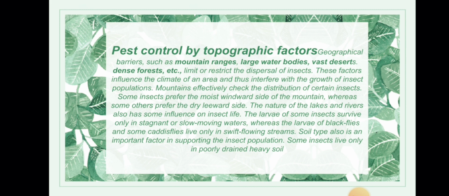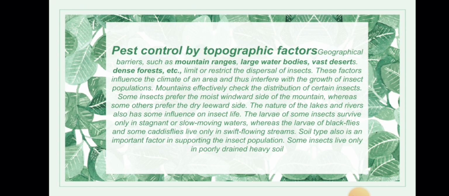The mountain has two sides, one is the windward side and the other is the leeward side. The windward side always gets moist wind and the rainfall will be more there, but the very opposite happens on the other side, which is known as the leeward side. The amount of rainfall and moisture getting there will be low.